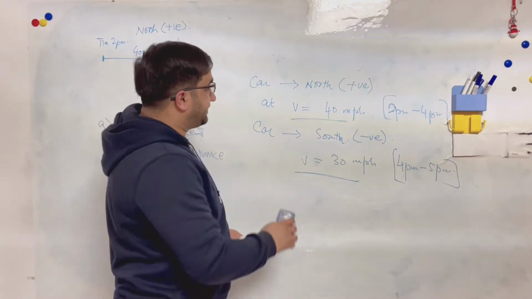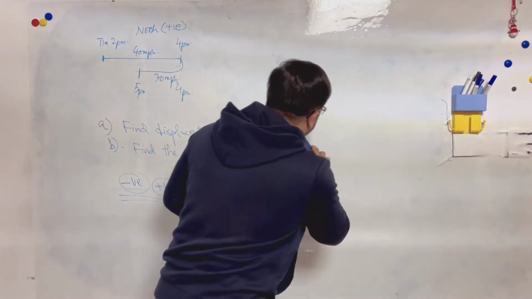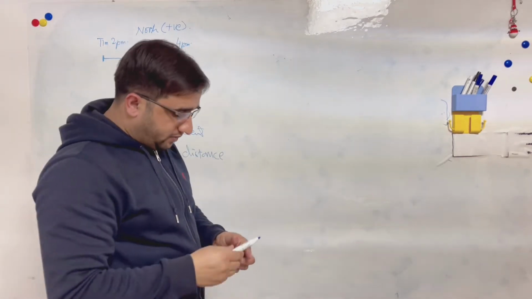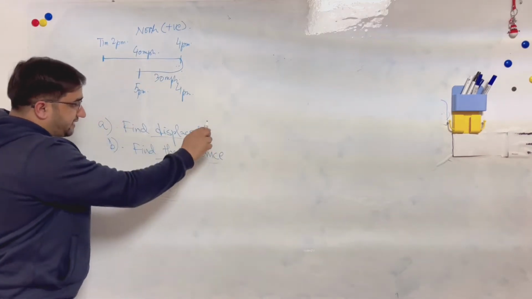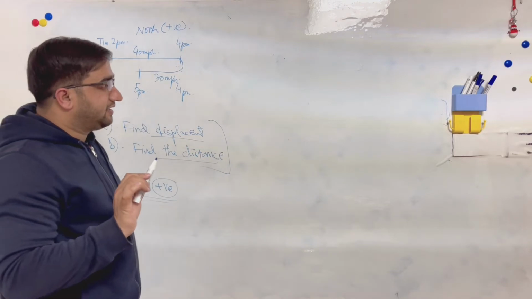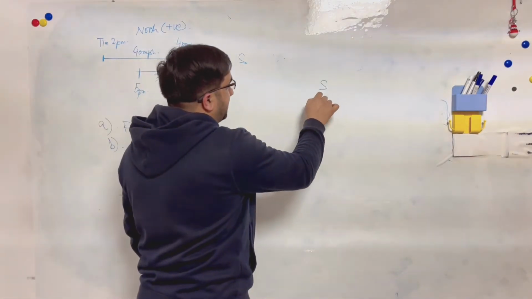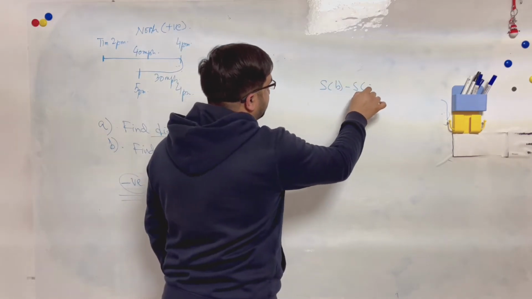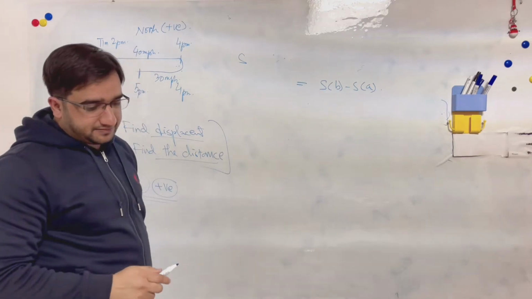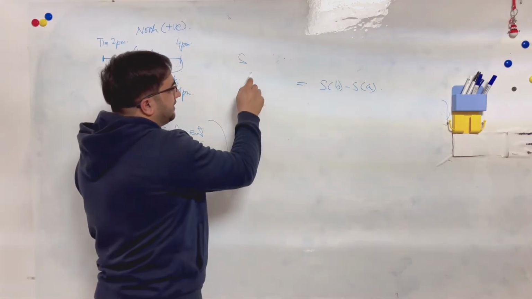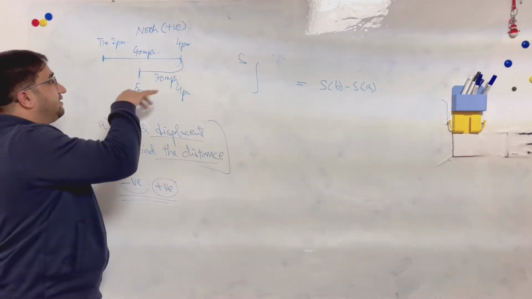So this is the problem and the data. So we have the intervals. Now I told you that when you are supposed to find the distance, displacement, all these are the same thing. They are represented by S. So on the right I will have something like S of B minus S of A. But on the left I will have the formula, which is the integral of the given data.